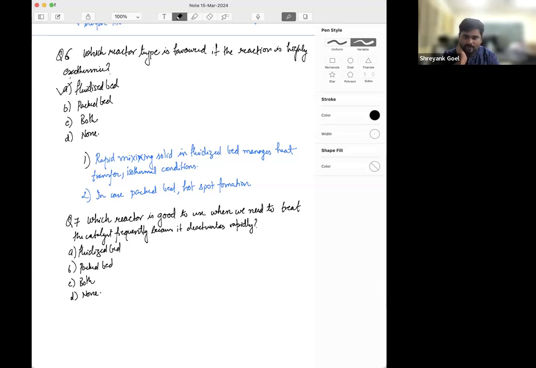Maybe there will be a low conversion, but if you use a packed bed, there will be hot spot formation definitely, and though there will be good contacting, there will be a hot spot. So it should be a trade-off between the two priorities.